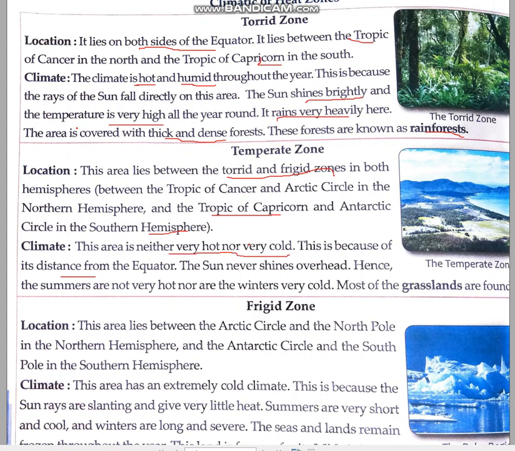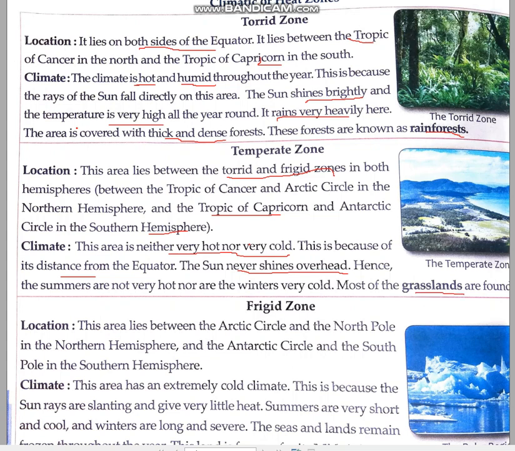That means the climate is moderate. Sun never shines overhead. Overhead means, students, that it does not receive direct sunlight. When no direct sunlight is there, that means not much rain is there. That is why this area has grasslands instead of forest.